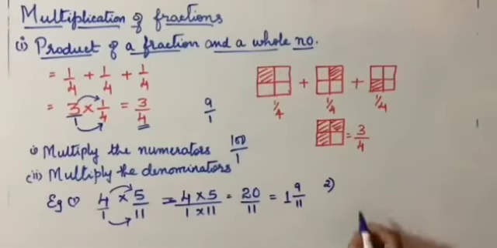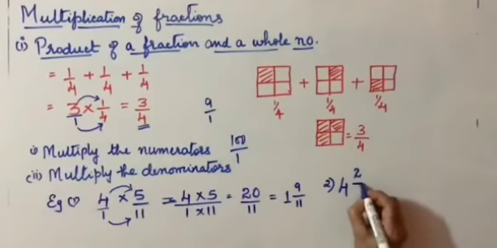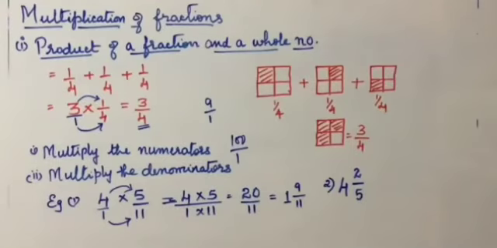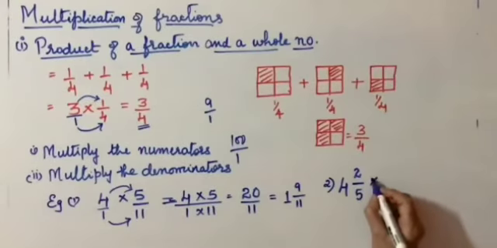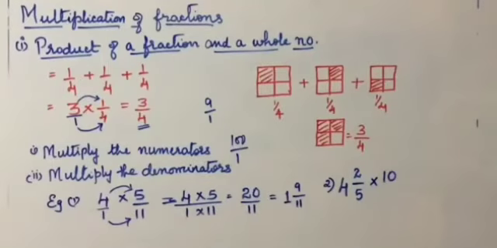We have 4 2 by 5 into 10. This is a mixed fraction into a whole number. What did I tell you? Fraction into whole number, same rule. But now you see what's happening. How do we do this?